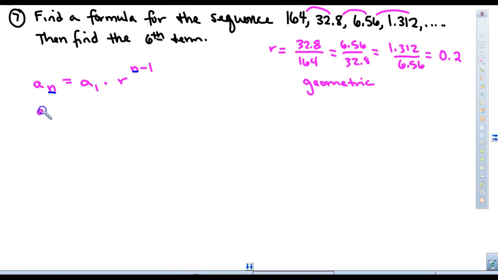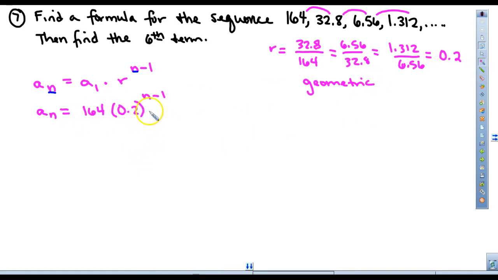Alright, so this is going to be a sub n is equal to a sub 1, which is my first term, 164, times r, which is 0.2, raised to the n minus 1. Okay, that is your formula. I'm going to make that prettier right there. There we go.